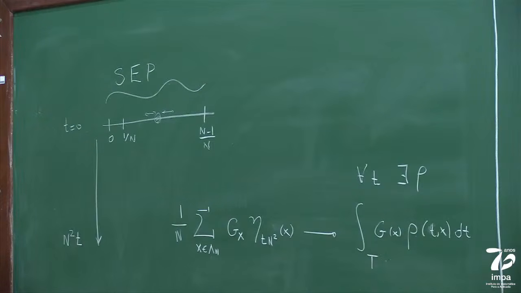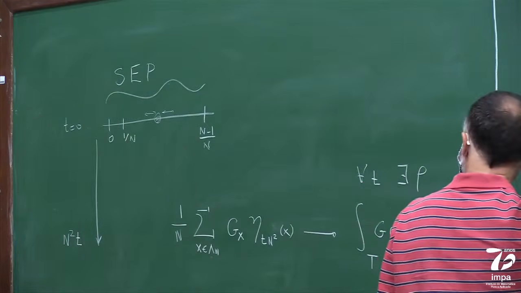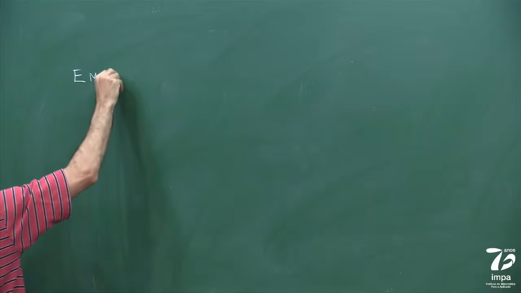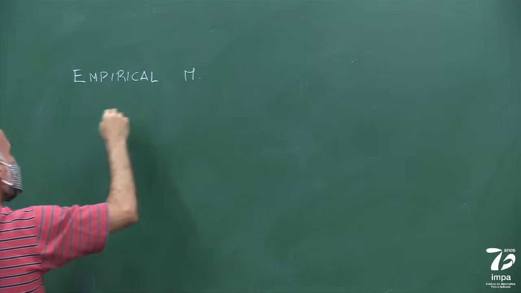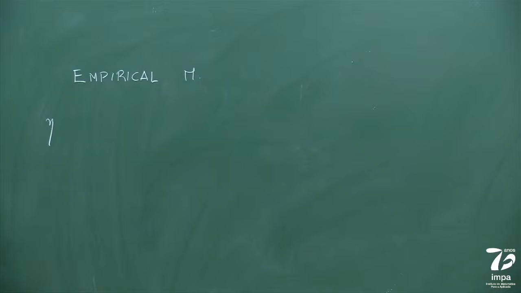And for that, let me introduce the empirical measure. So I will associate to eta a measure in the torus. And how do I do that?